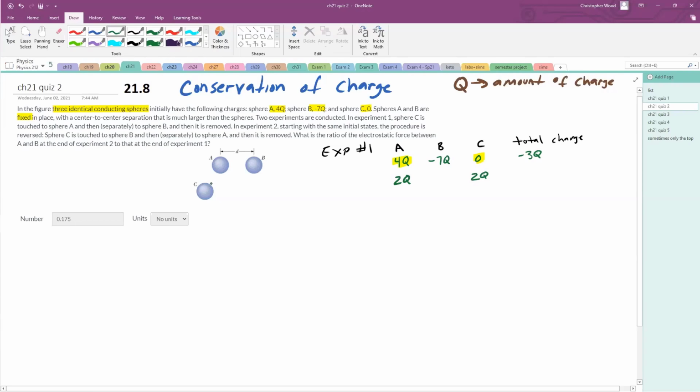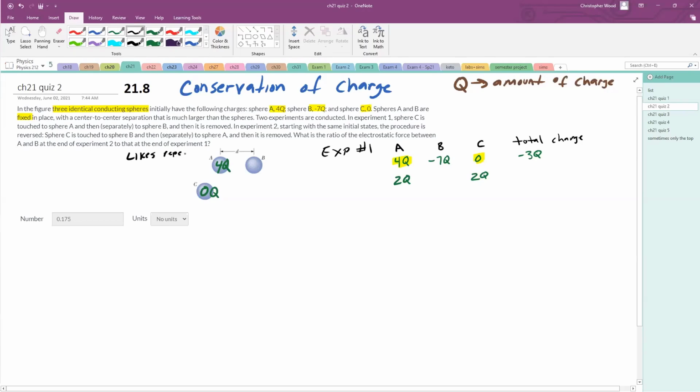Again, sphere C is sitting here, sphere A is sitting there with a charge of 4Q, and C has 0Q. If you contact sphere A with sphere C, you're going to have a charge transfer. You've heard the term likes repel.